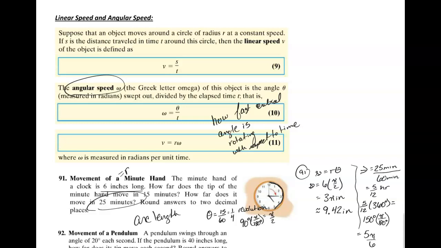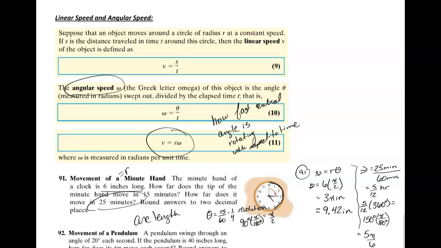When we talk about linear speed, it's really the measure of a distance traveled by an object. We've got formulas associated with these. For linear speed, the formula is pretty simple. Velocity equals s divided by t. S is your distance, think arc length there. For angular speed, you've got v equals r times omega.